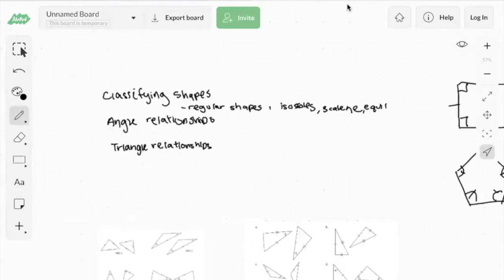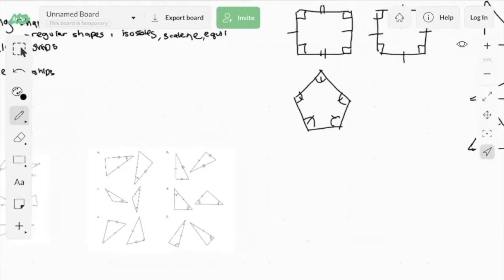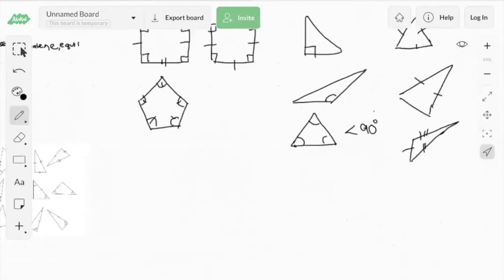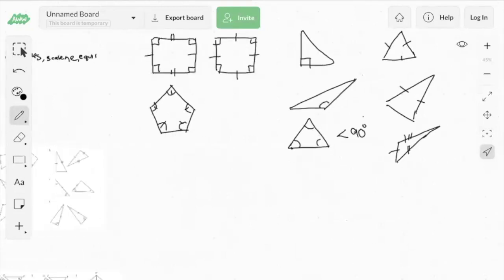And then angle relationships. So when you come across, this is just for textbook relation sake, there are going to be shapes sometimes where you notice these line patterns. And these line patterns often, if not always, show up in some form of 2 parallel lines.